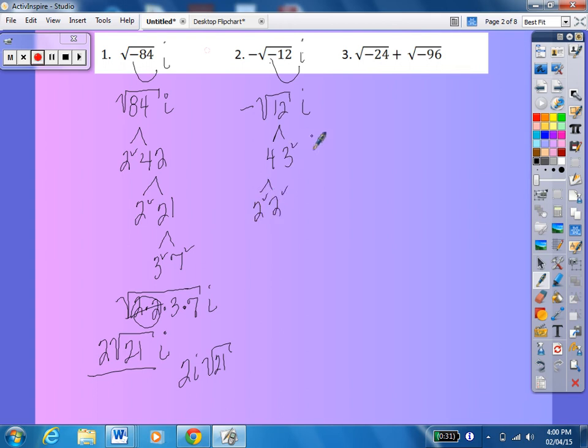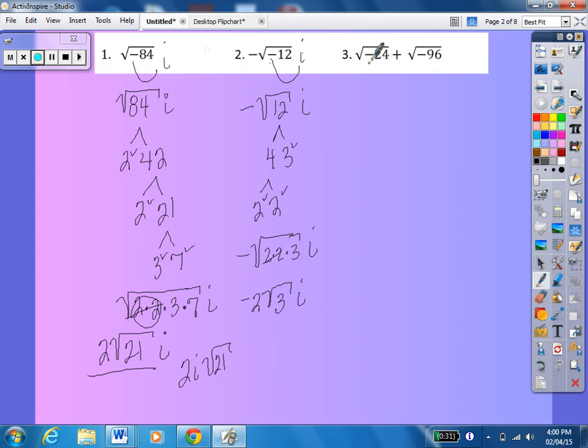Those cannot be broken down any further, so we're going to finalize. The negative comes down, or the opposite. Square root of 2 times 3, I. Again, this is 4. The square root of 4, that's a pair, is 2. So we're going to take that 2 out, leaving the 3 in, and there's your answer. Negative 2 square root of 3, I.